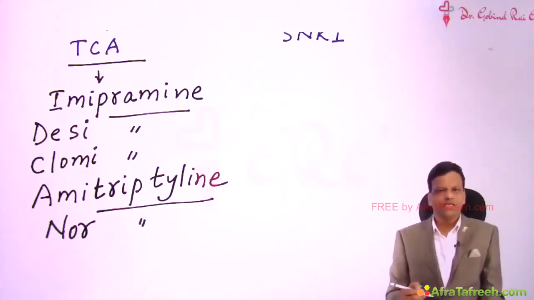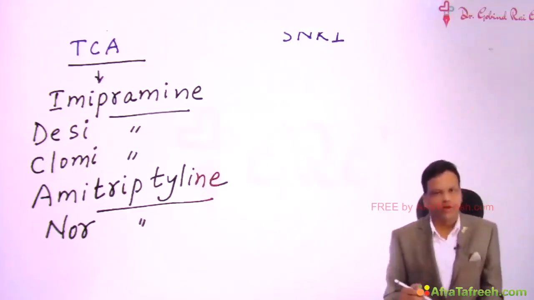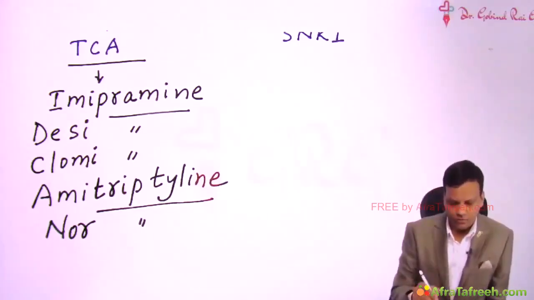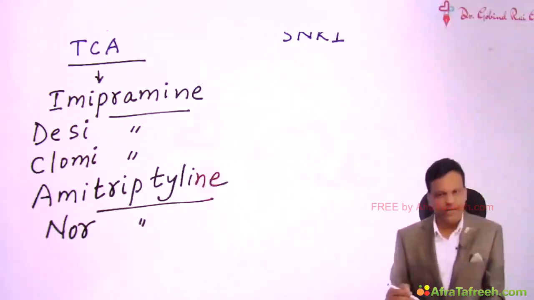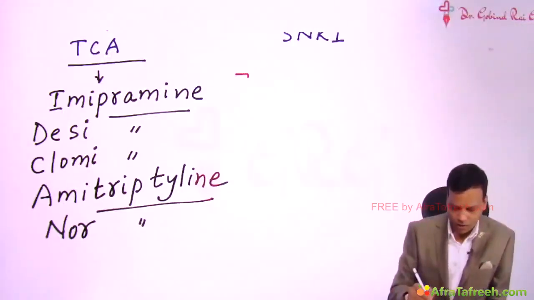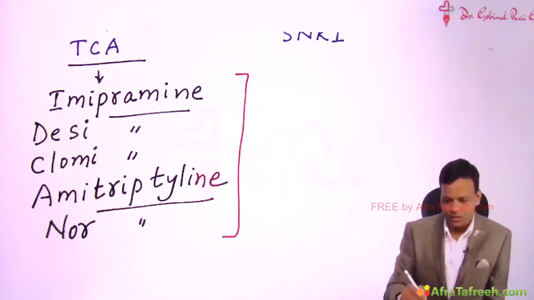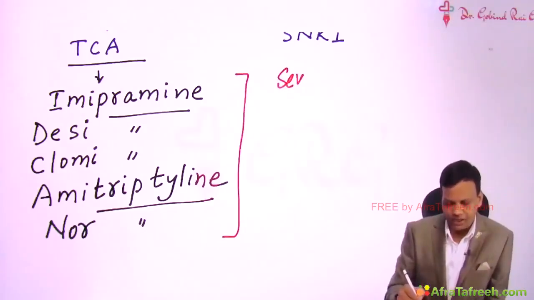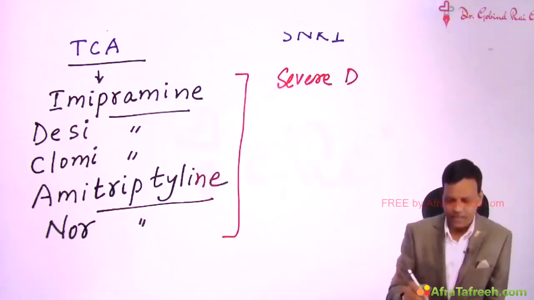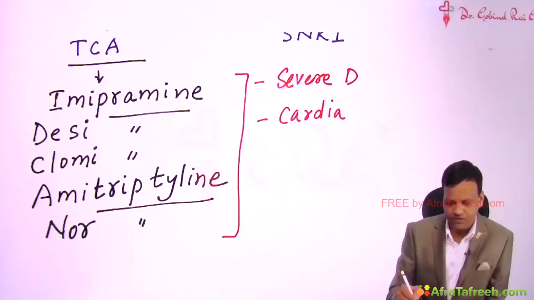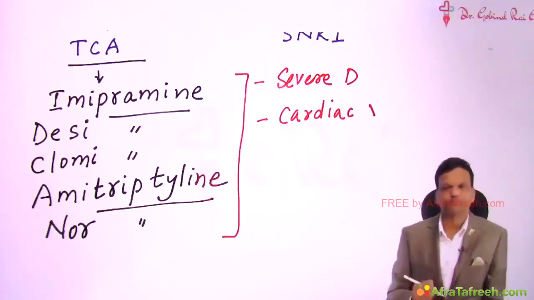These drugs inhibit the reuptake of serotonin and noradrenaline. So two important points which we have already covered: all of these drugs are effective in severe depression, but they are avoided in cardiac patients. In cardiac patients, we will not like to use them.